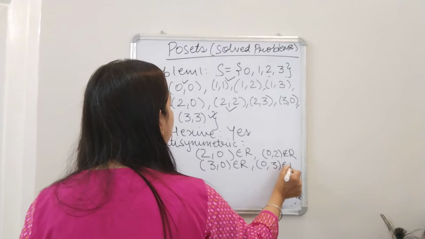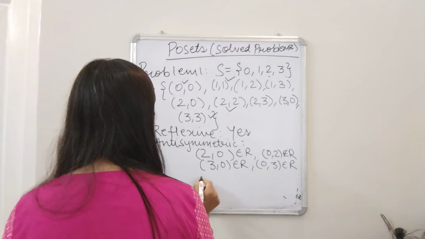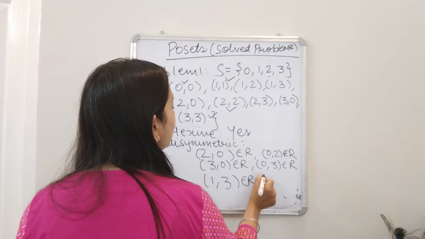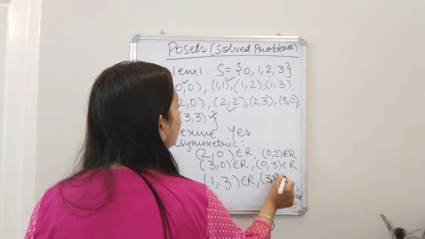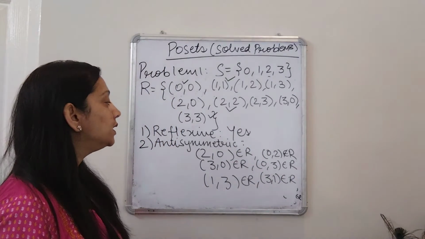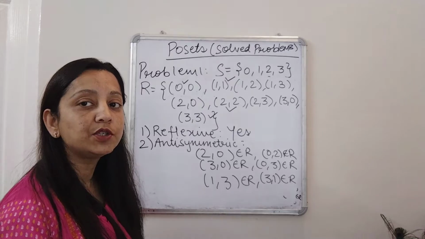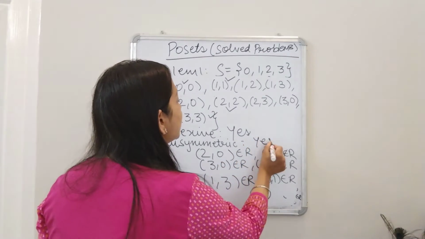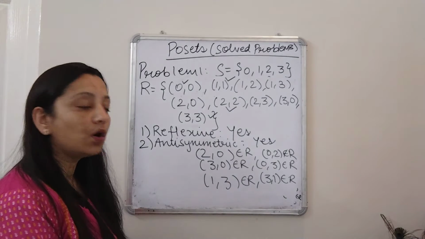Then 1, 3 belongs to the relationship set here, but 3, 1 does not. So it is satisfying all the conditions of antisymmetry for all the ordered pairs. Hence I can say that yes, it is antisymmetric also.